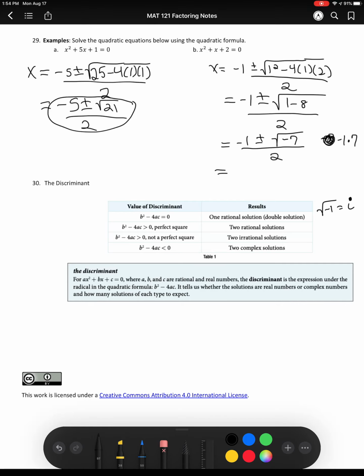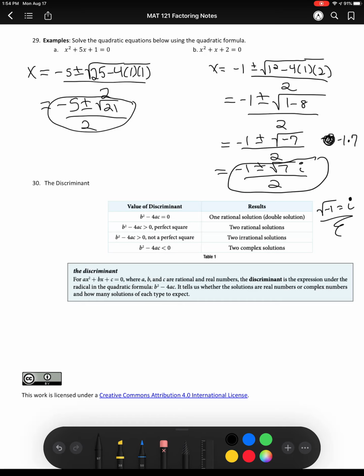So we don't want to leave that negative in there. Instead, we just write it as negative 1 plus or minus the square root of 7 times i, all over 2. That'll hopefully make more sense when we talk about complex numbers, which will be in the next video.